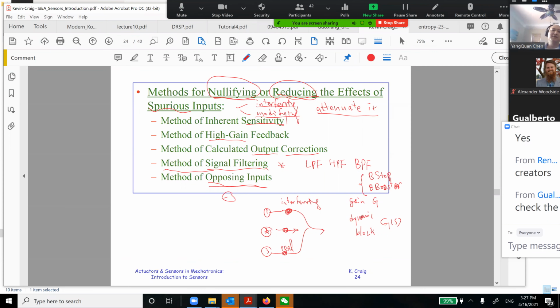But what we can do in front of that? How can we nullify or reduce the effects of those spurious inputs? There are many methods. The most common ones: how about I do some filtering? How about I do some compensation for the opposing inputs, cancel it out?